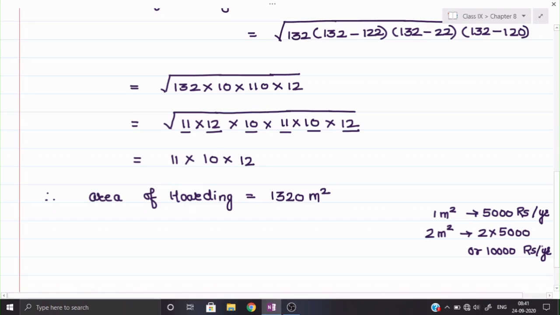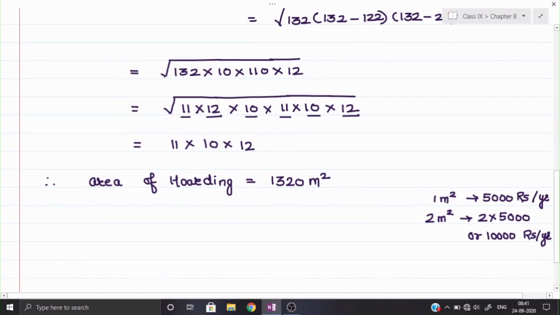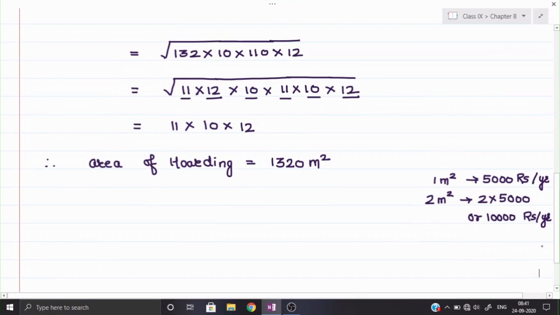So whatever the area is, we multiply it by 5,000 to get the total cost for a year. First we shall find the cost for a complete year, then we shall reduce it for the month.